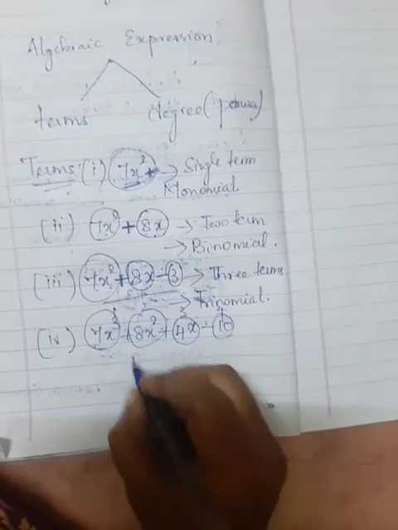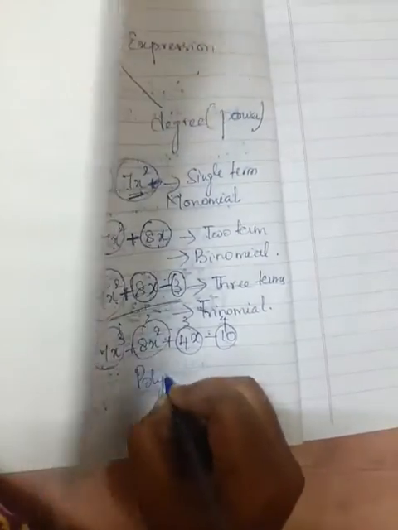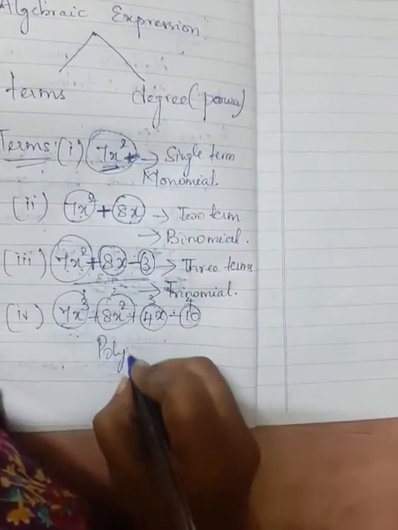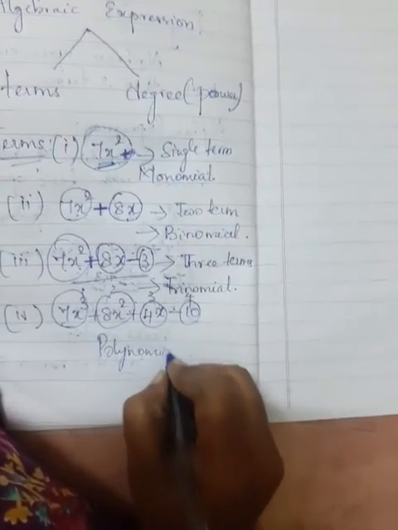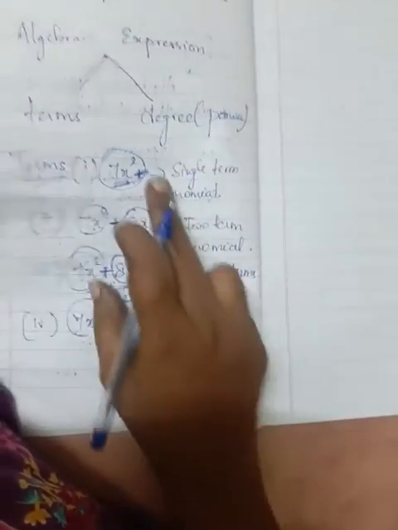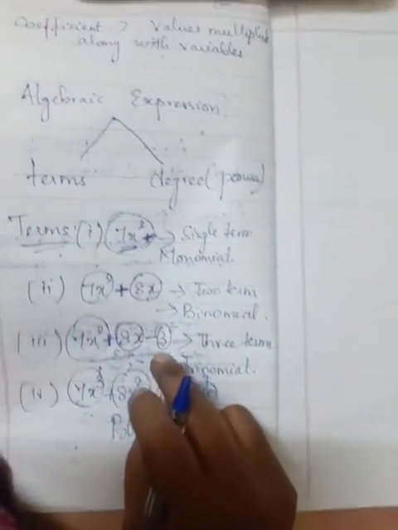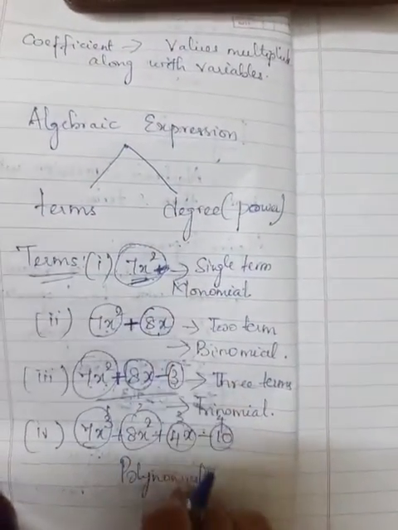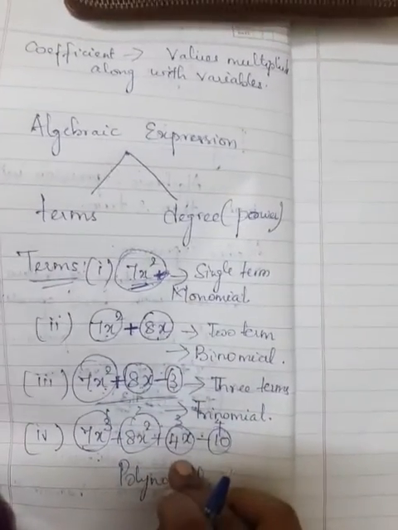So we have four terms, and we call this a polynomial. The algebraic expression which has more than three terms we can call a polynomial. So this is with regard to terms; in regard to terms we can split the algebraic expression like this.